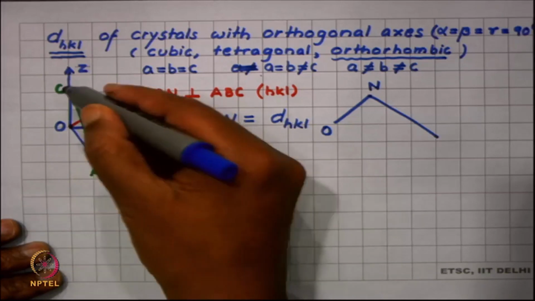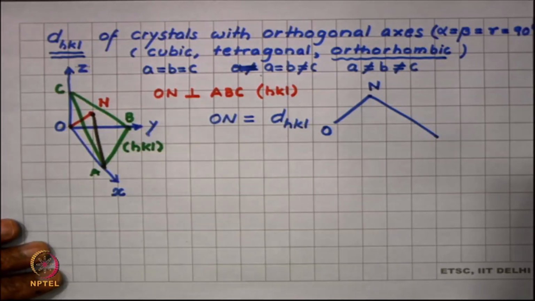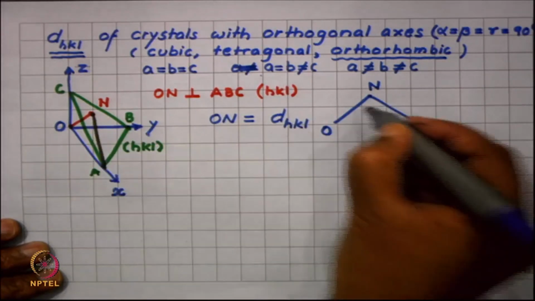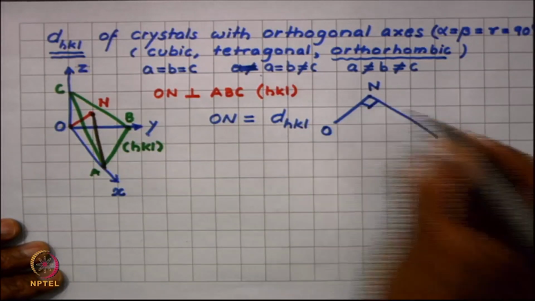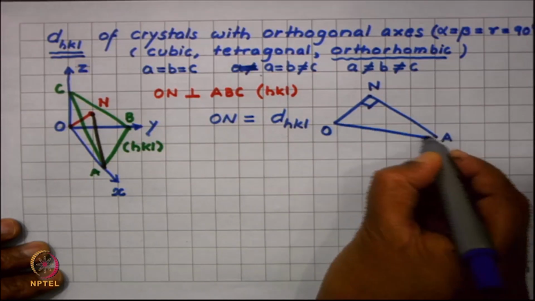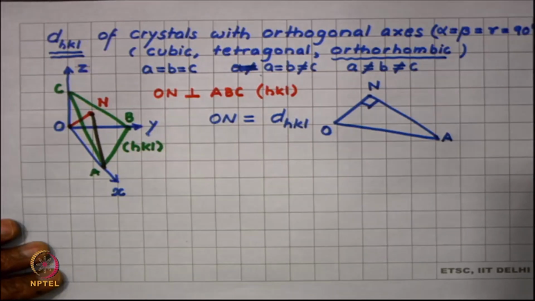So, ON is perpendicular to the plane ABC, and NA is a line lying in the plane. So, ON and NA are perpendicular. So, I have a right triangle ONA.